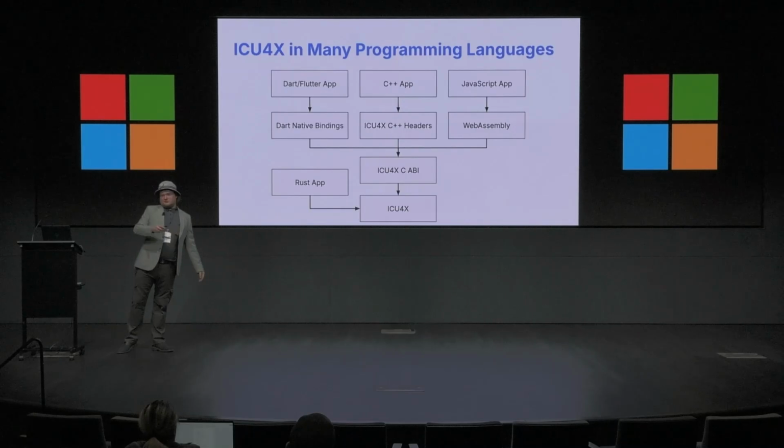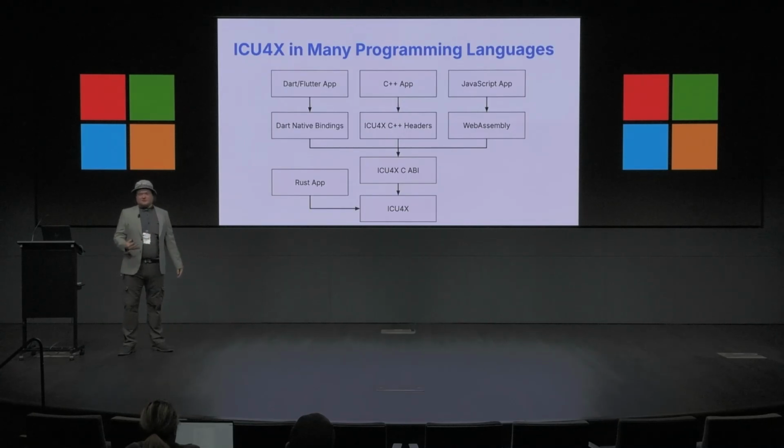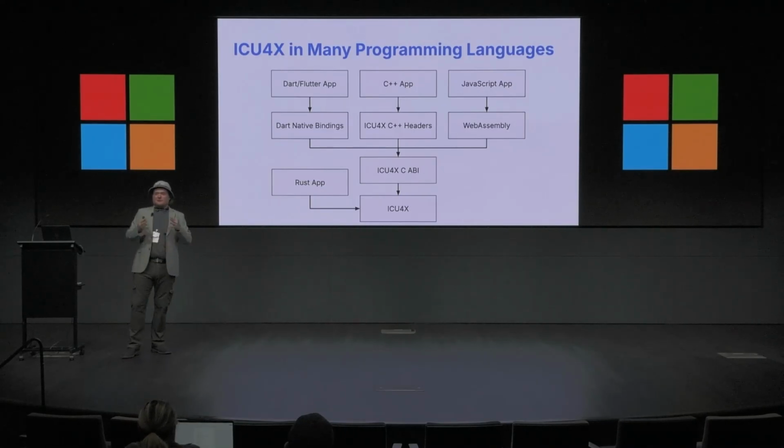You can upgrade ICU4X versions, and code built on the old ones will work on the new ones. We keep the old ABIs around. We spend a lot of time before we add them to make sure that when we do add them, we're very happy with them, so that we don't have to go back and change them. It's designed with this exact use case in mind. Thank you.